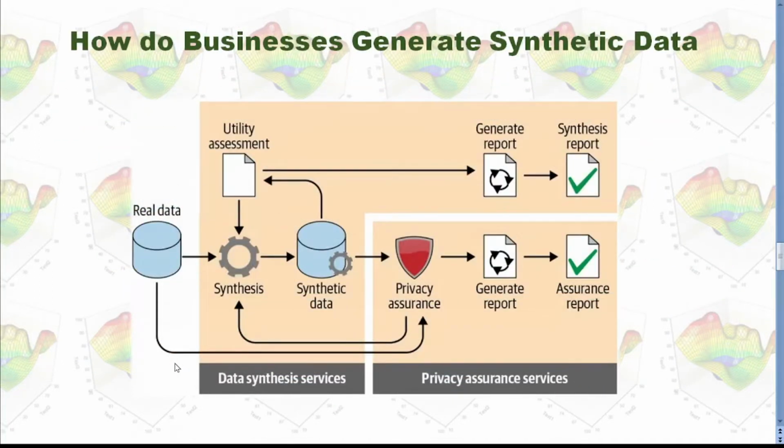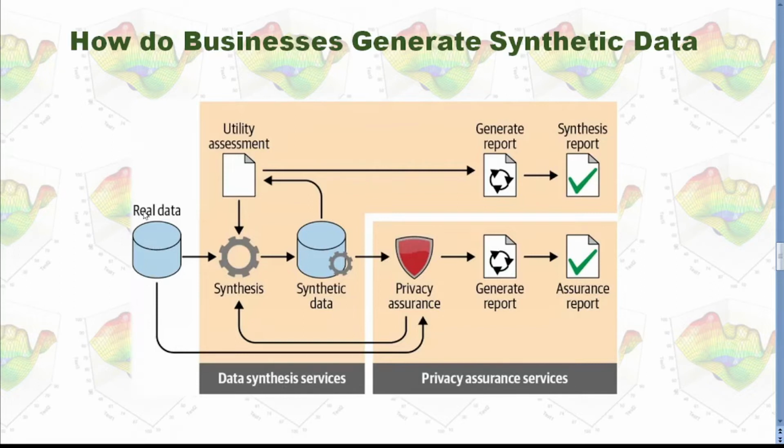Usually, businesses generate synthetic data based on the real data. When you use real data, you will have a privacy concern. So there are two parts in this generation system. First, you have privacy assurance services, and then you have data synthesis services.